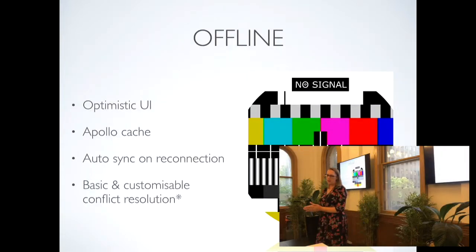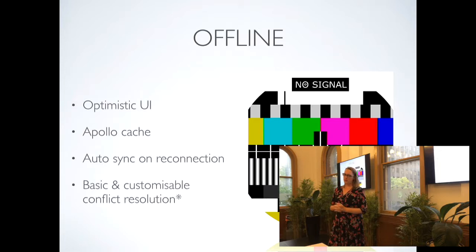Offline is mostly implemented on the client side as well. Basically the SDK gives you the option to have an optimistic UI. So you write code as if you're expecting a response, and that will be executed. And then when you get the response back, if it's different to what you expected, then you handle that change.